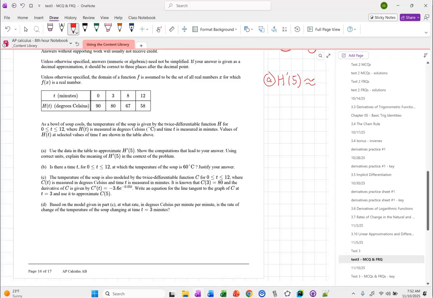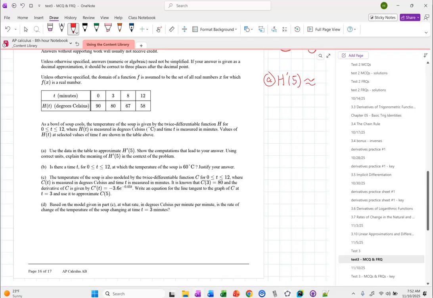So if I'm going to approximate h prime of 5, if you're asked to approximate the value of a derivative, you're likely just being asked to use slope, right? Rate of change is fine, yep. So if I'm going to calculate the slope, which points from the table would give me the most accurate estimate for the derivative of h at 5?